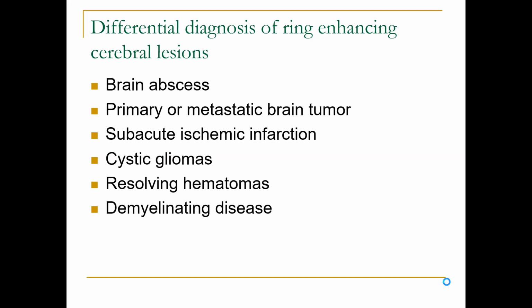Resolving hematoma can be differentiated on FLAIR images, and demyelinating disease will present with patches in the white matter, maybe in the white-gray junction. So these are the ring-enhancing lesions which you have to differentiate. But always keep on top the 2 lesions, that is the brain abscess and the cystic glioma.